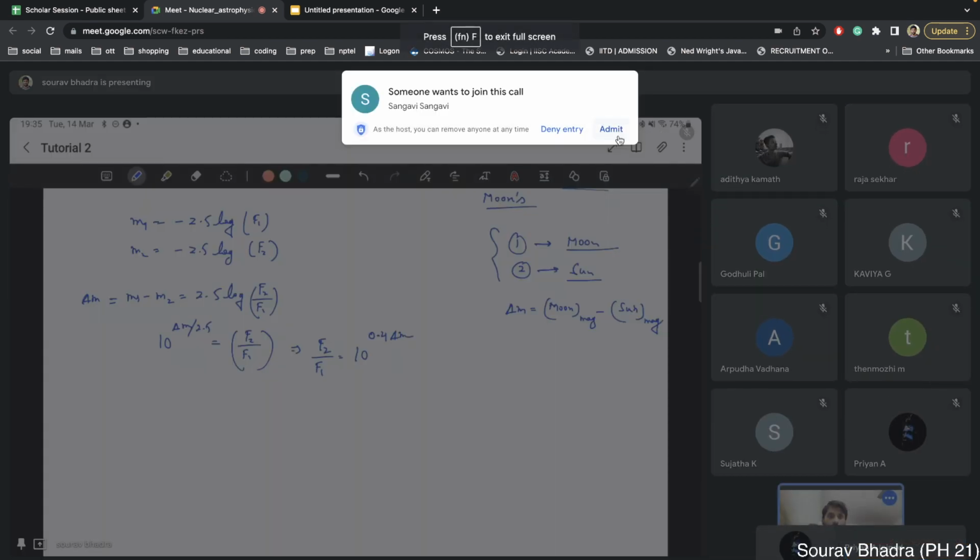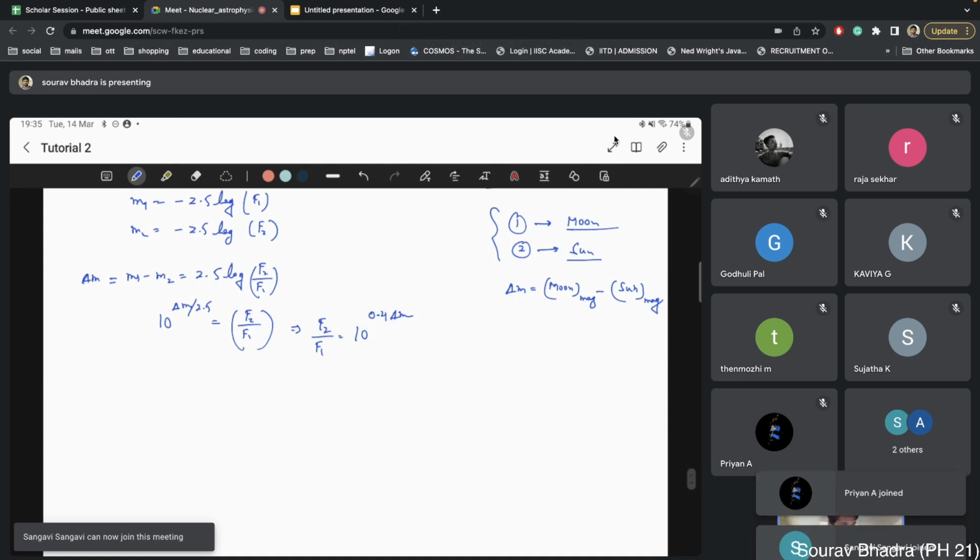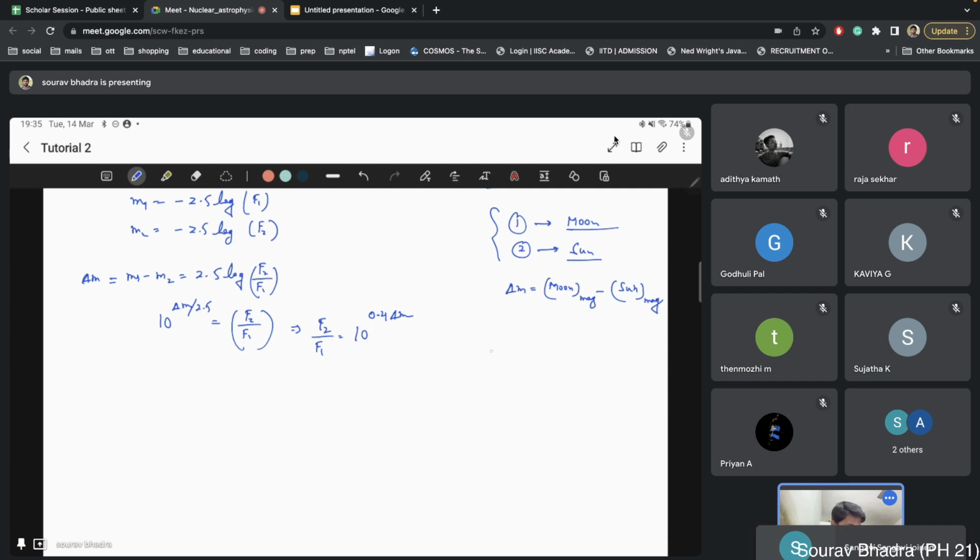Okay. Now we have the data of apparent magnitude of the sun and the moon. For the moon it is minus 12.74 and for the sun it is minus 26.832.